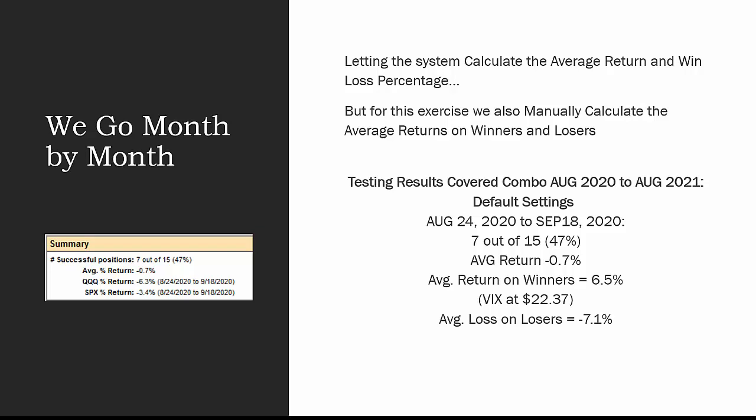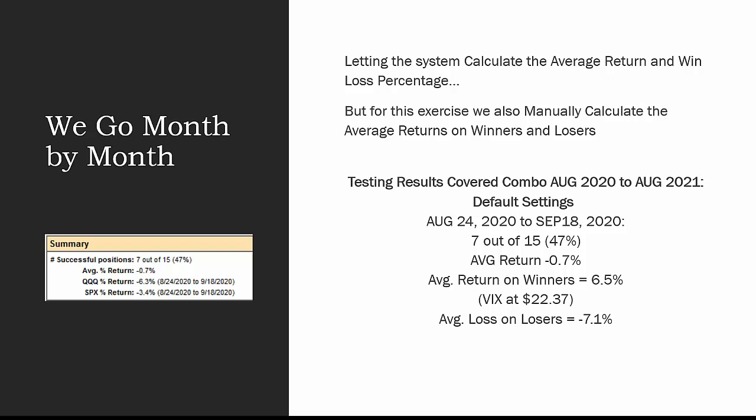The average return if all 15 were opened was a loss of 0.7%. The average return on the winning trades, those 7 out of 15 winners, was 6.5%, but the average loss on the losers in this first month's run was a loss of 7.1%.